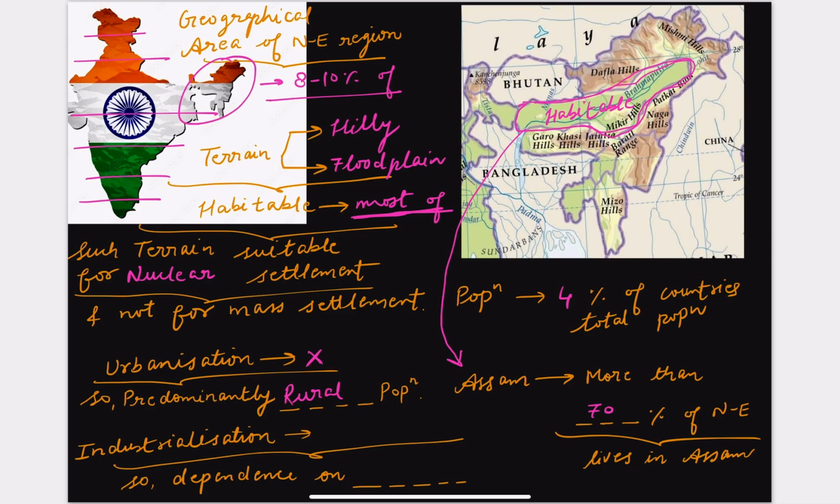Industrialization has also not happened. So the people living there are dependent on what? There is high dependence on agriculture. People are highly dependent on agriculture. Okay, so let's move forward.